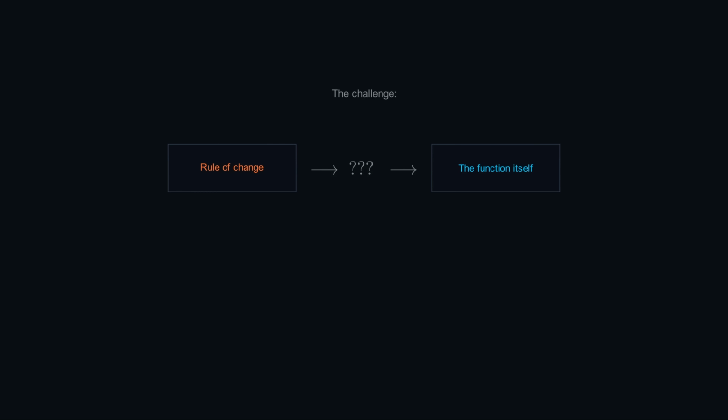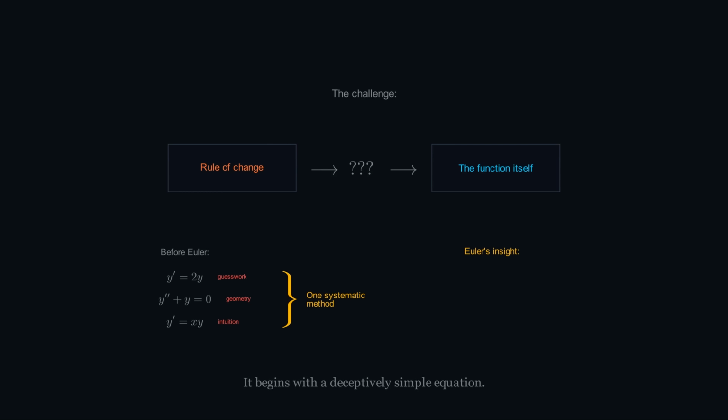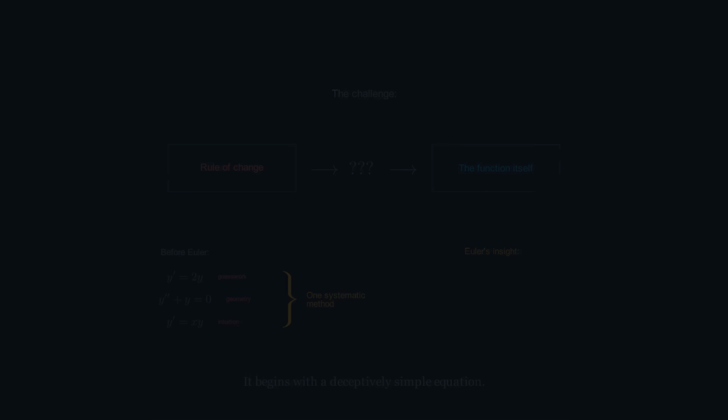Euler's breakthrough was to stop treating every differential equation as a unique puzzle. Instead, he began developing systematic methods, techniques that could solve entire families of equations. And one of the most powerful of those methods begins with a deceptively simple equation.